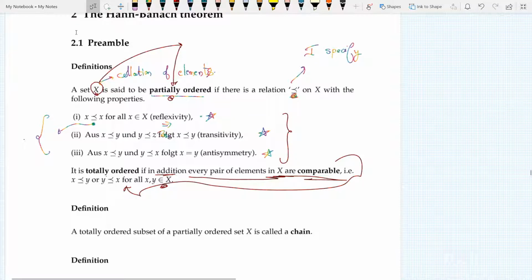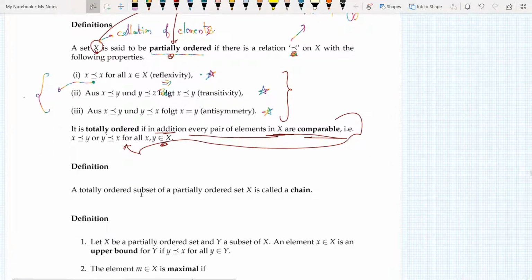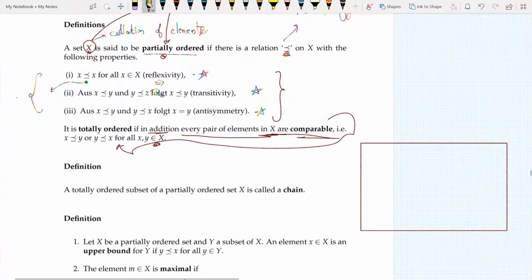So the next concept we are going to discuss is that of a chain. A totally ordered subset of a partially ordered set X is called a chain. So it would help us to look at this diagram. Suppose this is X, which is partially ordered, which means that my set X is a collection of elements.